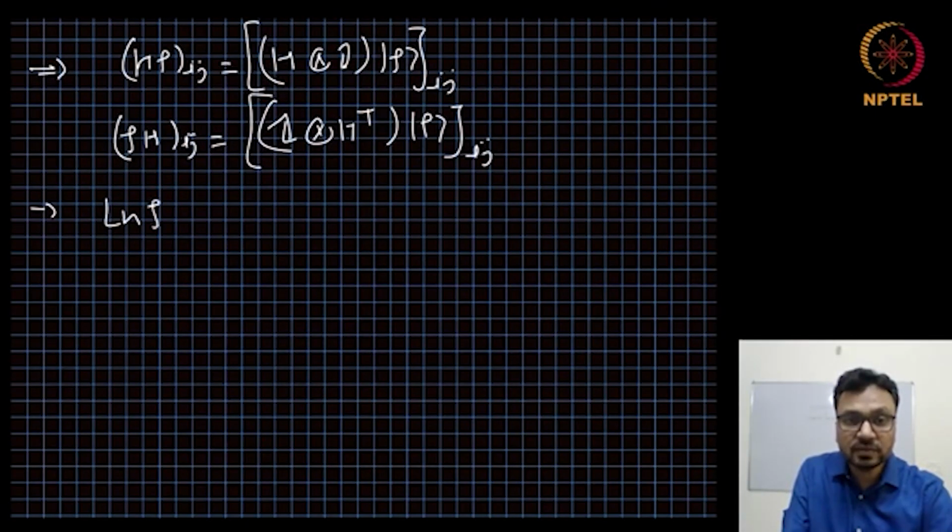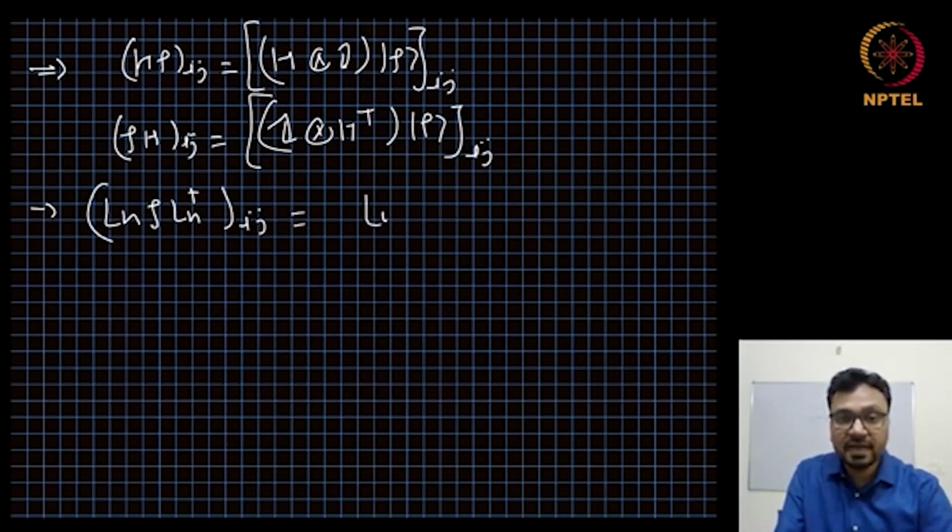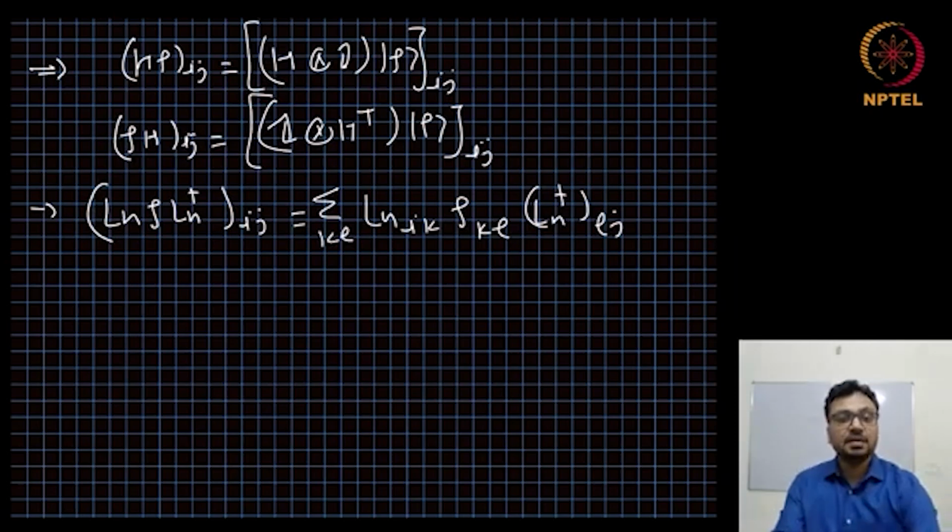Now the second, we have Ln rho Ln dagger and the ijth element of that, that will be Ln ik rho kl Ln dagger lj, sum over kl. So the ijth element of the product of three matrices: we take the first two matrix product and then the next two matrix product, and that's how we get it.